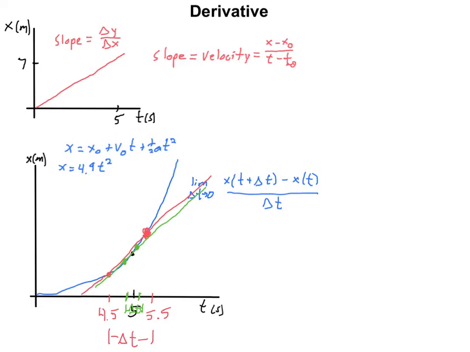So as delta t goes to 0, as they scrunch inwards, if you will, and they finally meet literally at 5, that's going to be the slope at that point. That's actually called the limit.